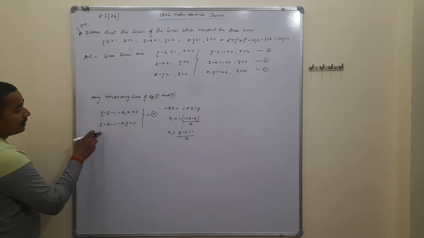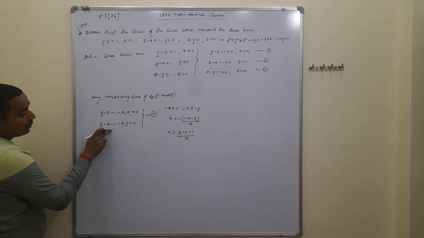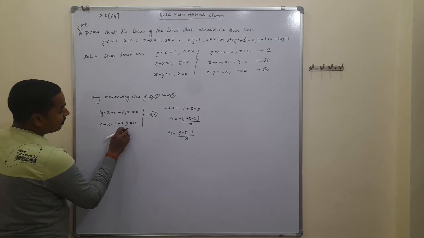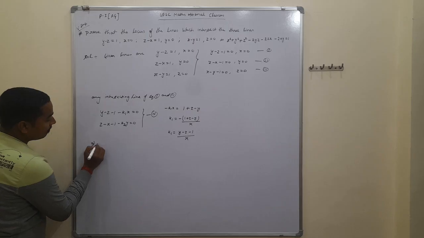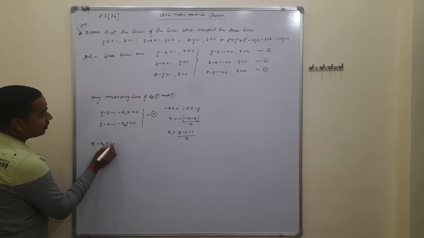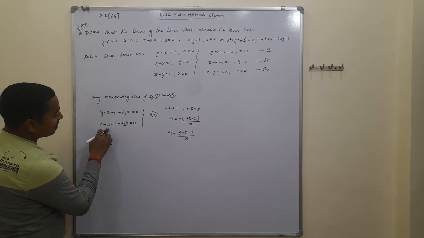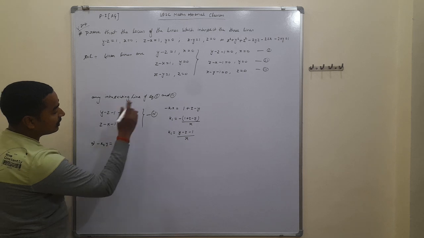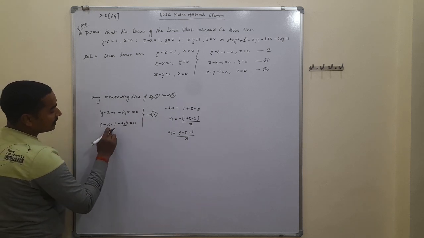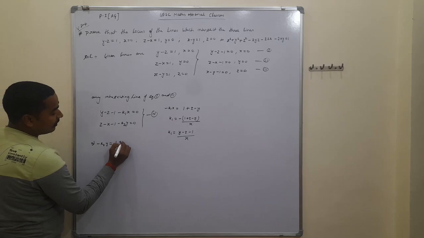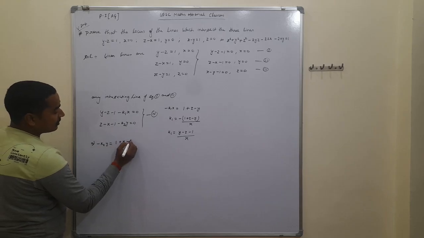Further, from the intersecting line of equation 2, we find the value of k2. That is minus k2y is equal to plus z minus x minus 1, taking the minus to the right hand side, that is plus 1 plus x minus z.